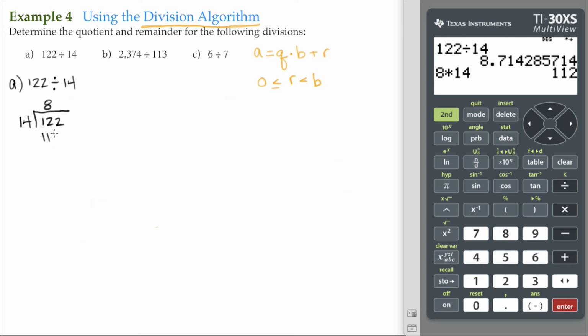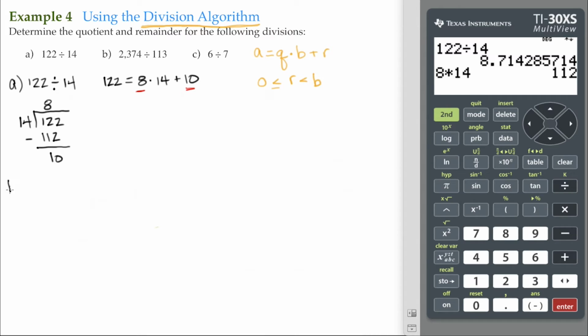So we have 112. And here's the important part. We subtract. 122 minus 112. That's 10. So writing it in terms of the division algorithm, we have 122 equal to 8 times 14 plus 10. So our quotient is 8, and our remainder is 10.